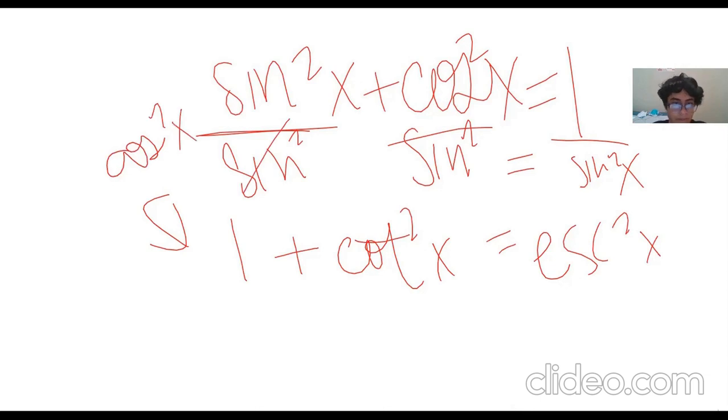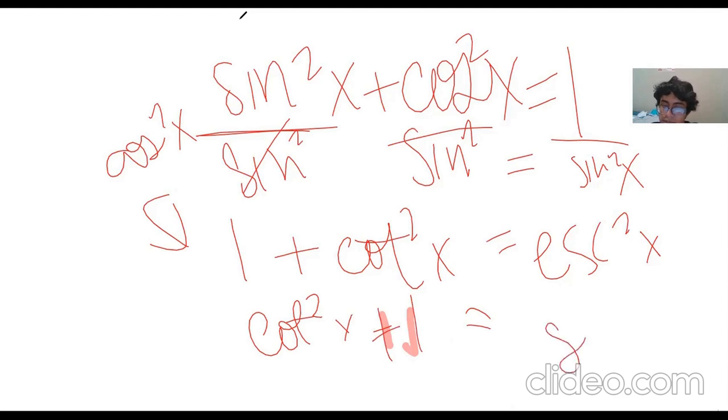And I'm not going to rewrite everything. I'm just going to assume that you got my point. And I'm going to put the 1 over here, actually. No, actually, I'm going to keep it here. Cotangent of this plus 1 over that, secant squared.